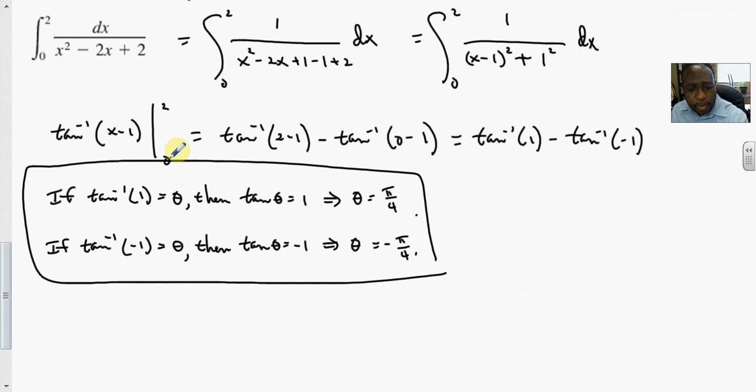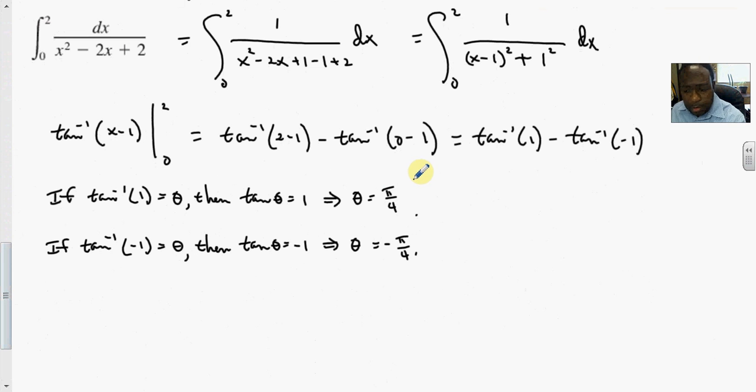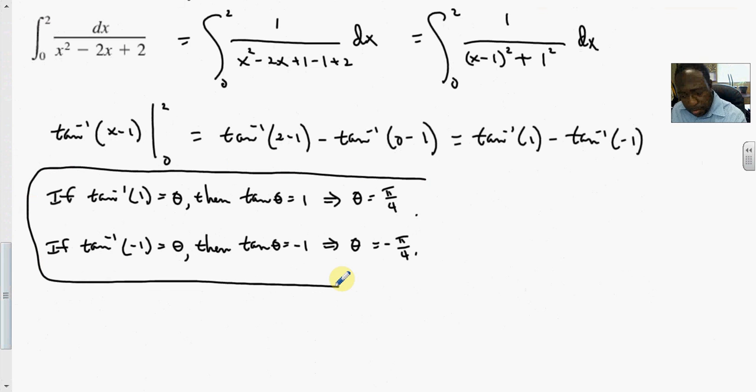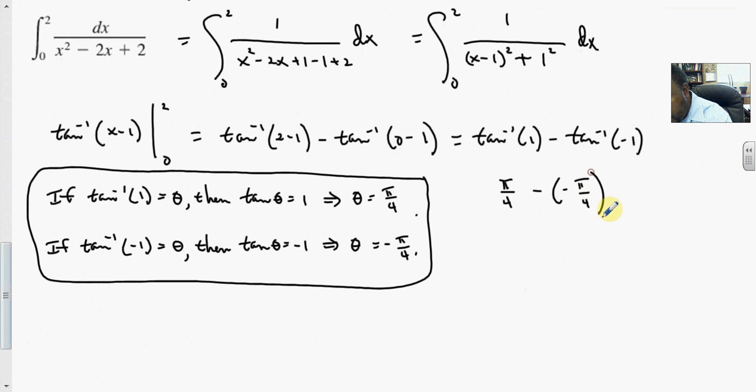So here we have tan inverse of 1, which is pi over 4. This is minus a negative pi over 4.